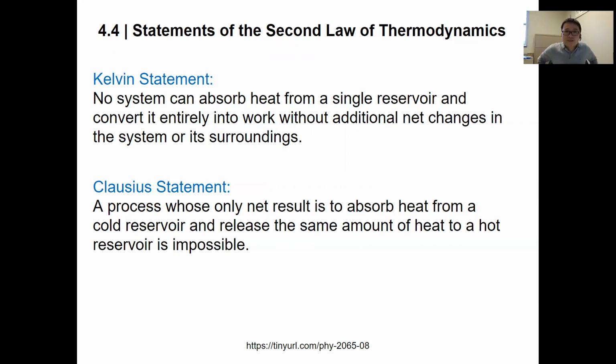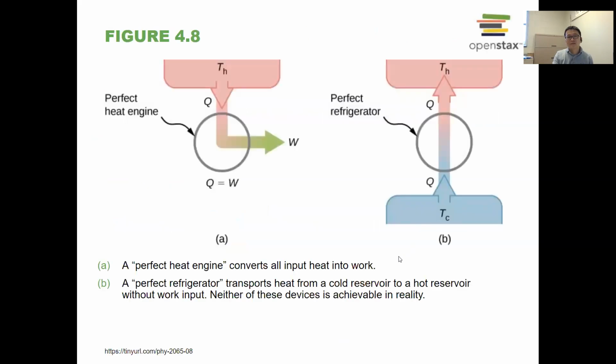Clausius' statement: a process whose only net result is to absorb heat from a cold reservoir and release the same amount of heat to the hot reservoir is impossible. Going from cold to hot, you need to add some work, just like an AC, refrigerator, or heat pump. Those are the statements of the second law of thermodynamics.